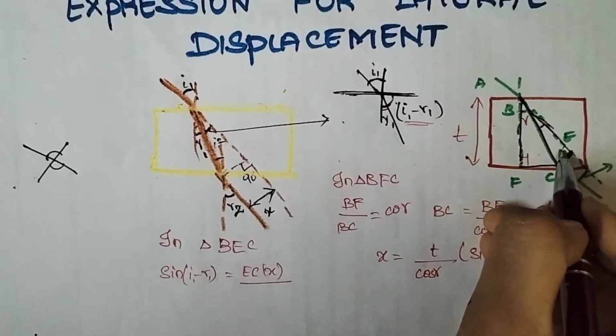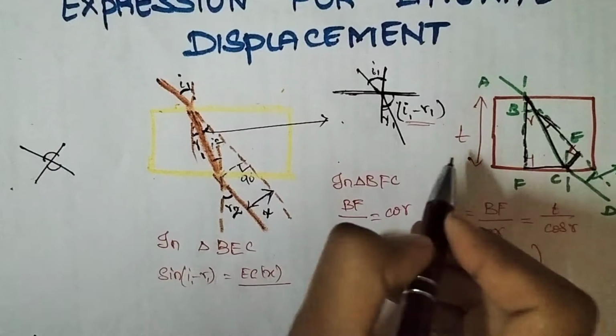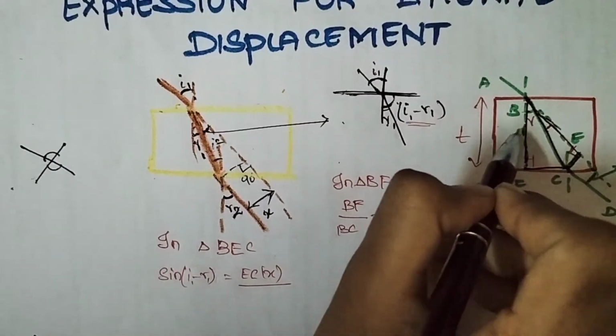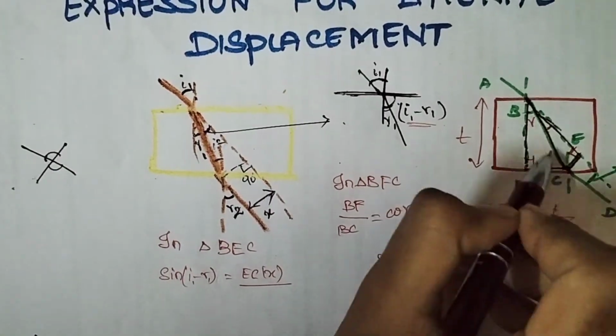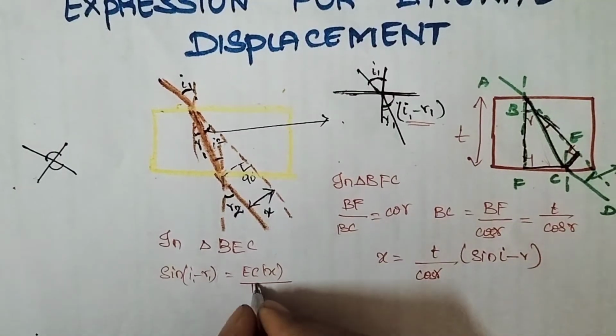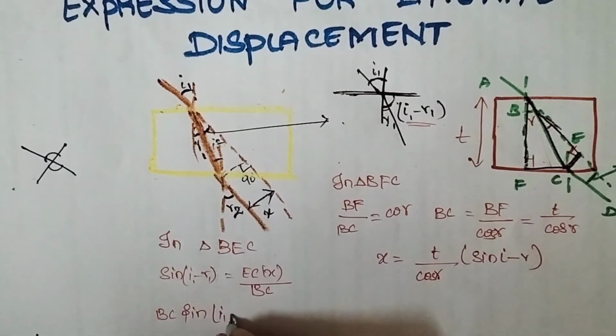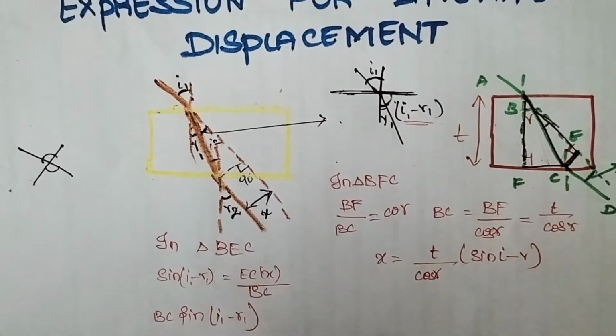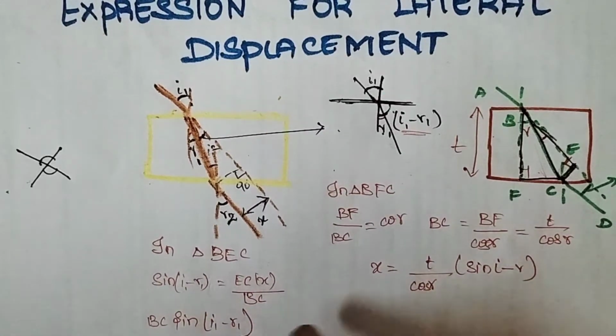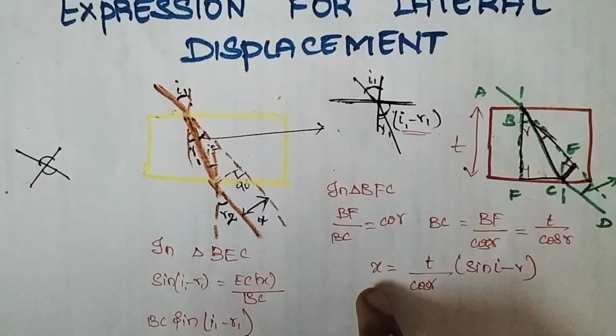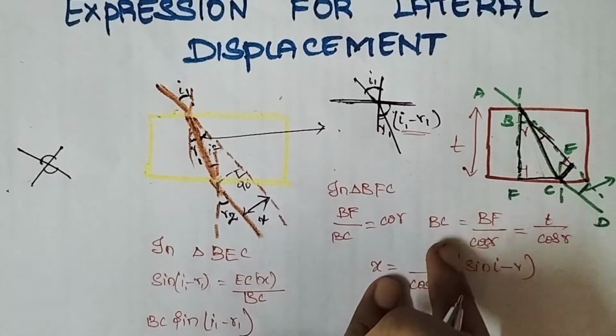This is 90 degree. I told you it is a perpendicular shift only, no? So 90 degree, then hypotenuse. What is hypotenuse? BC. Then X can be written as BC sine I1 minus R1. Then here we can put the value of BC over here.